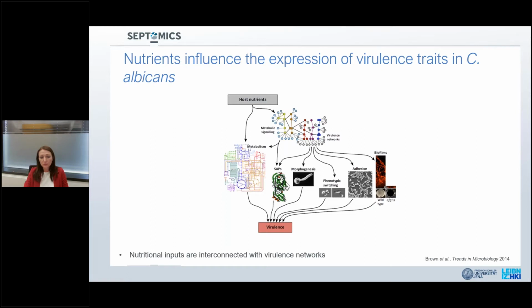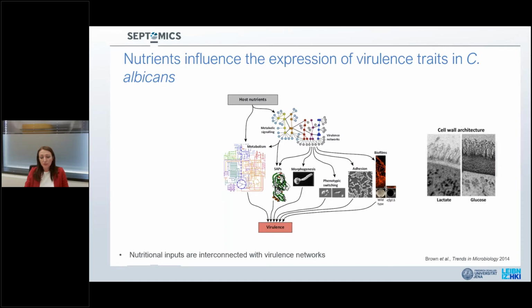Candida albicans, for example, can utilize or sense host nutrients to modify its virulence, for example to switch to the more aggressive filamentous form, or to form biofilms and adhere to surfaces. So here I'm going to give you one example of how growth on host-relevant nutrients is connected to the persistence of Candida albicans in the host.